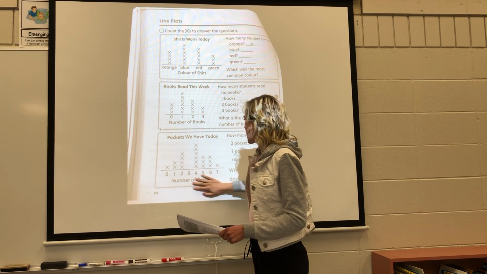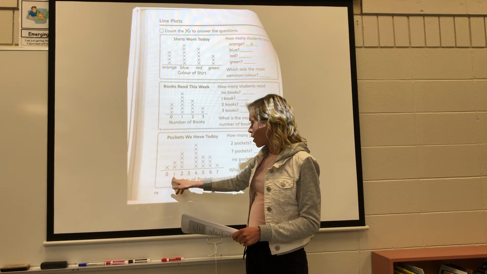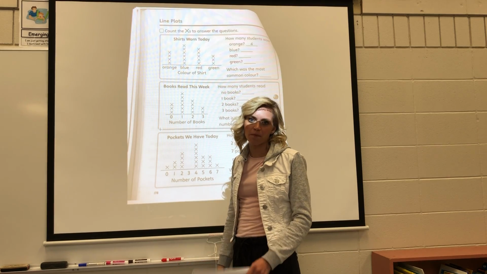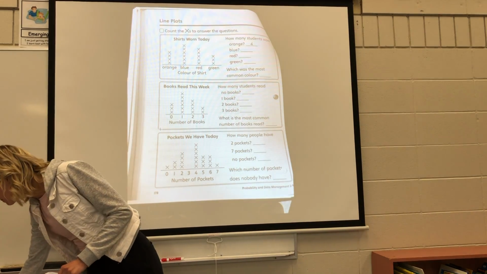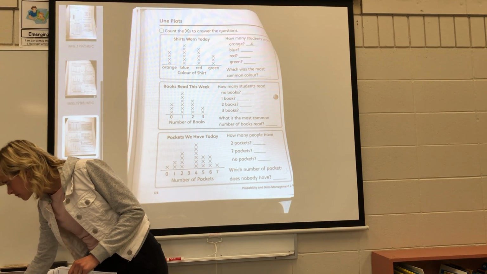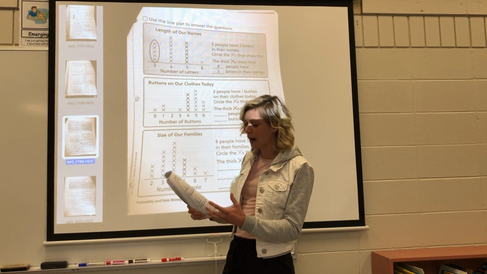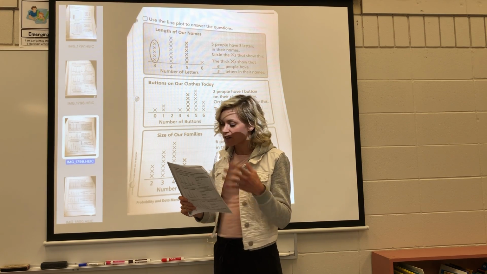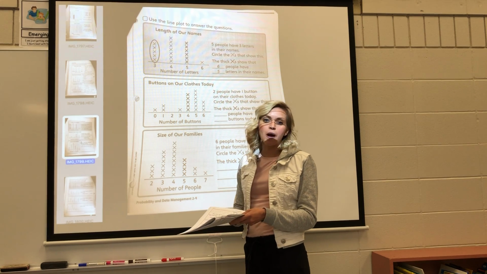And then same with the last one, which is how many people have 0 pockets, 1, 2, 3, 4, all the way up to 7 pockets on them that day. The next page, I think that last page is pretty straightforward and that you will all do fine counting up how many X's are in our line plots.